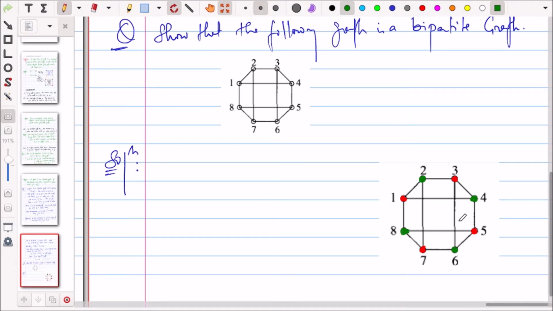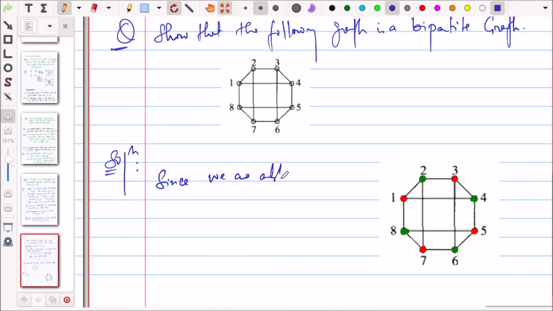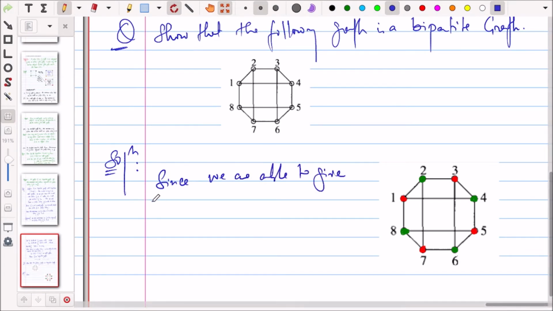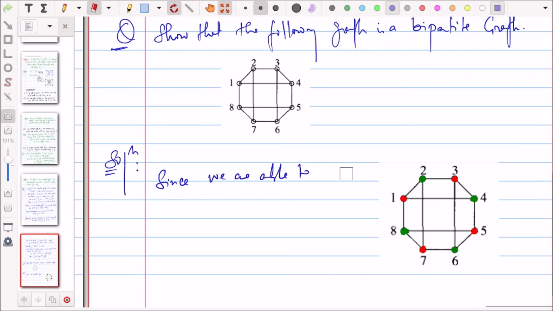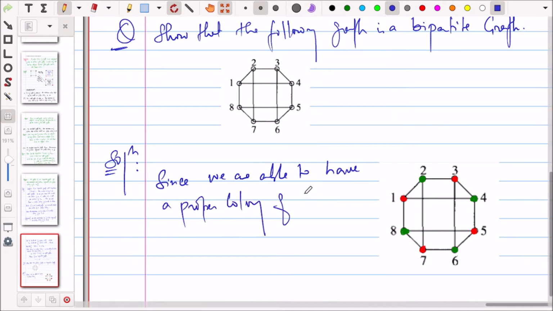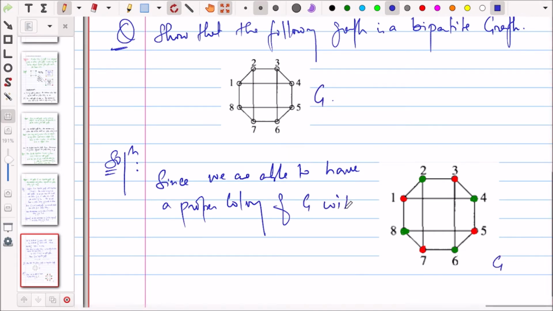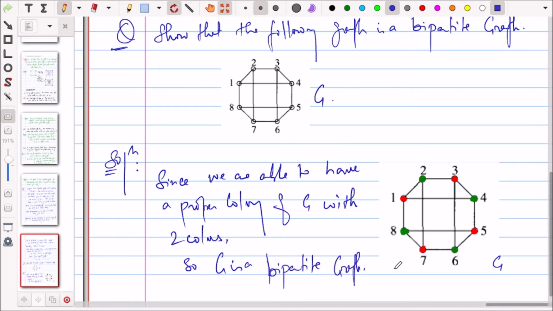So since we are able to have a proper coloring of G with 2 colors, G is a bipartite graph. ठीक है?